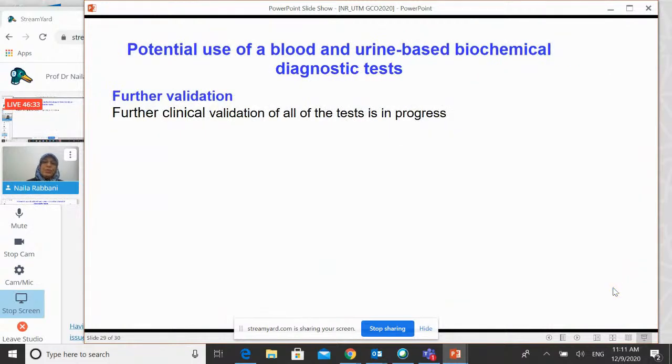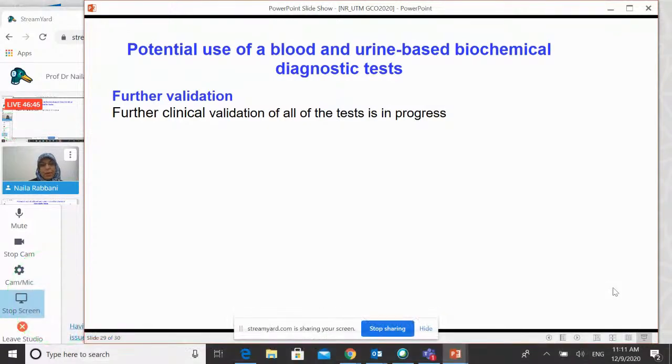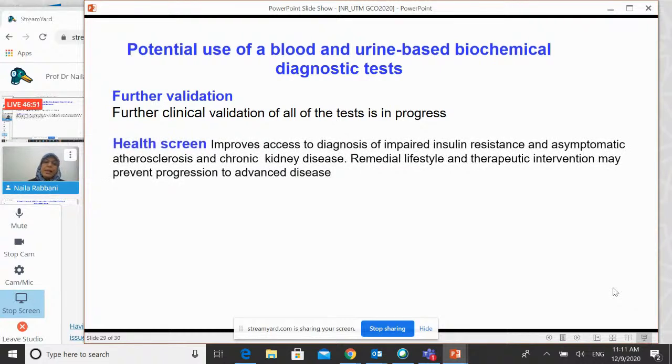So the potential use of a blood and urine-based biochemical diagnostic test, I have just shared with you. What is now required? Further clinical validation of all the tests, which are in progress. Health screen improves access to diagnosis of impaired insulin resistance, asymptomatic atherosclerosis and chronic kidney disease.